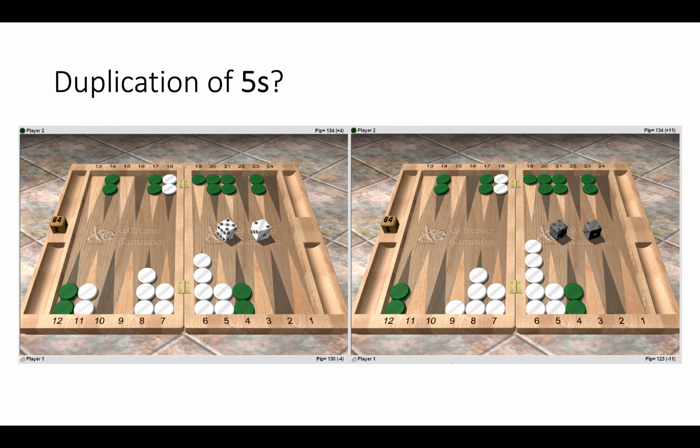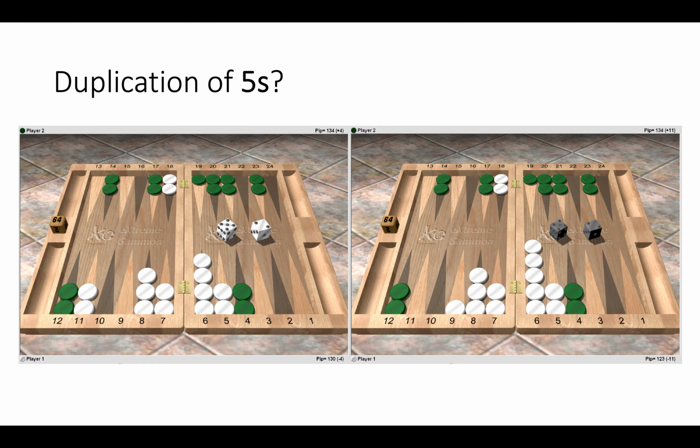Now if we look at the initial position on the left hand side, it looks right to play 5-2 to end up in the position on the right by playing 11 to 9 and 11 to 6. And it looks right because we're duplicating 5s.